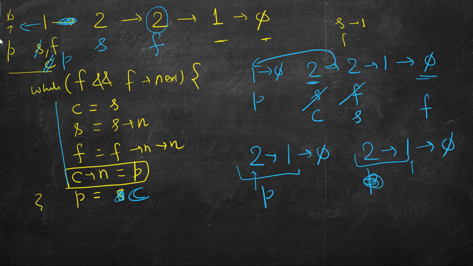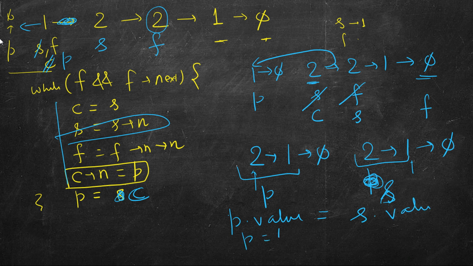So previous is here and slow will be here because we advance slow by 1 step. So now we will compare both P and S. So P dot value should be same as S dot value. S is slow. And then P equal to P next, S equal to S next.